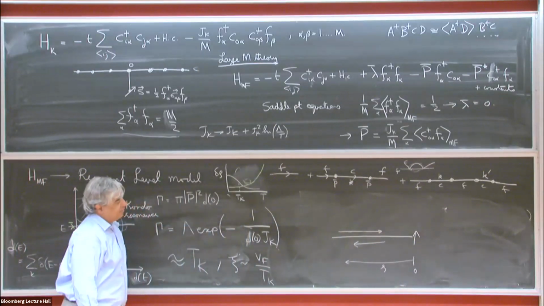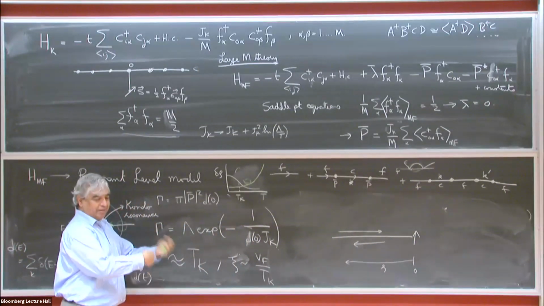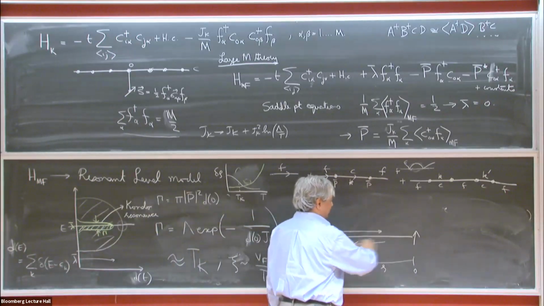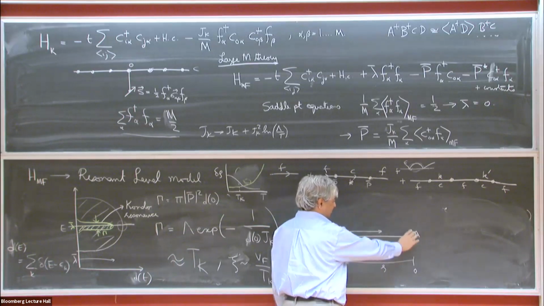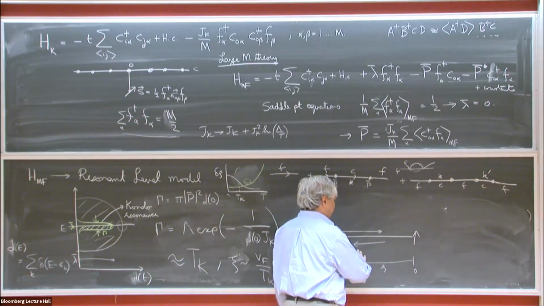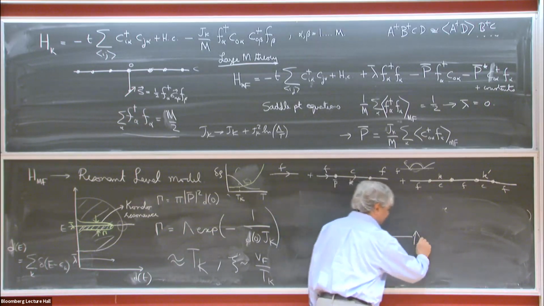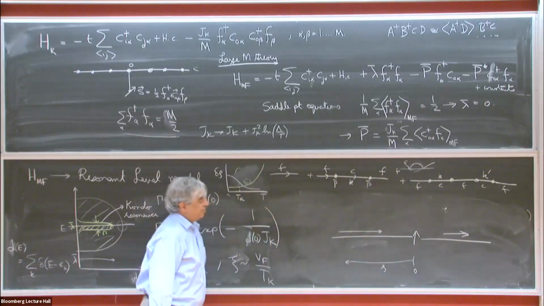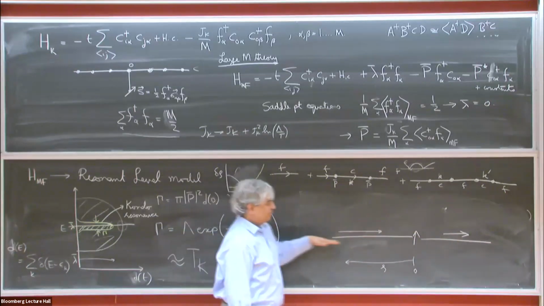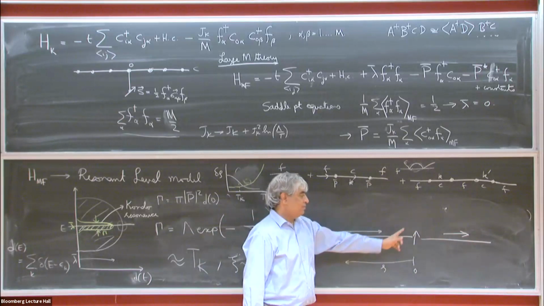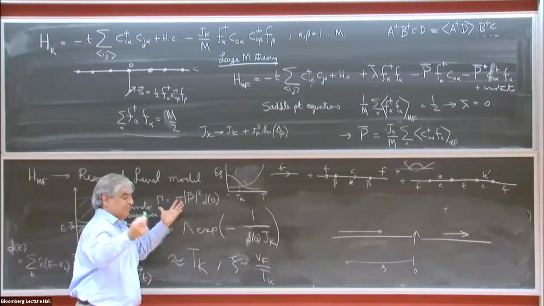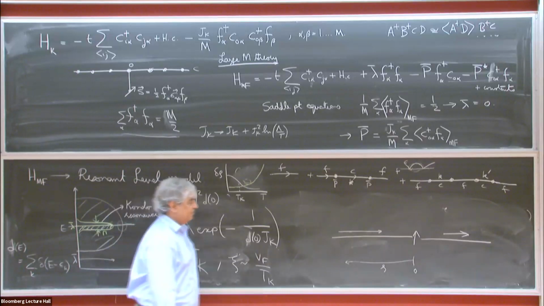Then what Affleck pointed out was that you could unfold this problem where, rather than think of a particle in half space going back and forth and scattering off the spin at the boundary, maybe Cardy had known this earlier, you can take this other problem and put it over here. Then you get a problem which is a chiral conformal field theory coupling to a spin degree of freedom at the origin. And that picture leads to very powerful techniques for solving it.